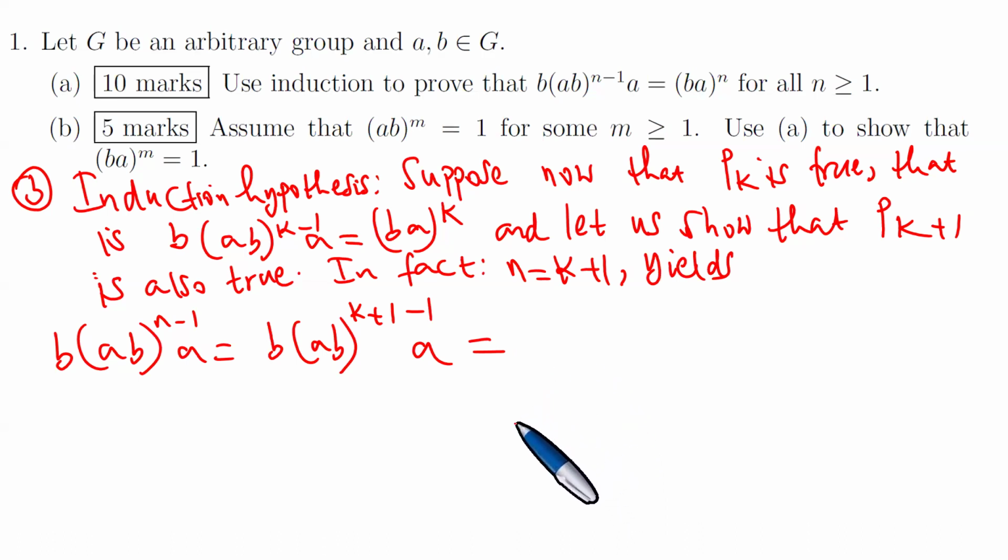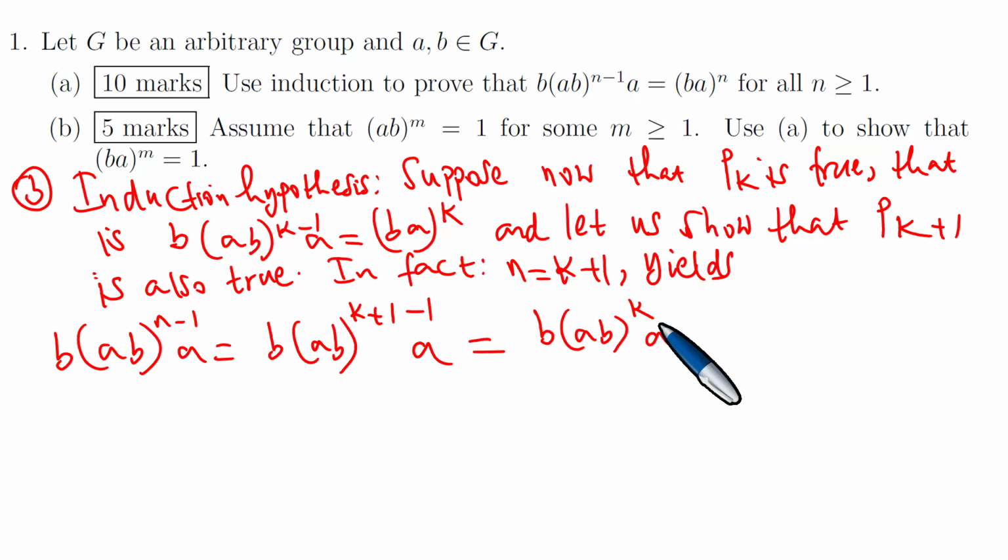So what is all this here? In the place of n, you have put k plus 1. And what does that yield? It yields B, A, B, and then you have the kth power A. The 1 minus 1 becomes exactly a 0.